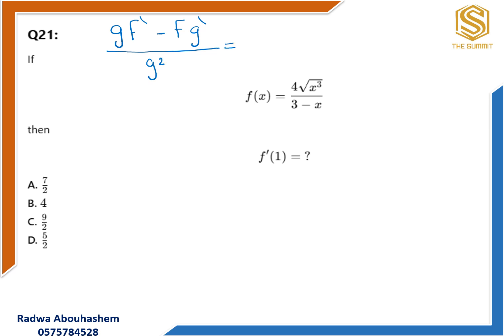So let's apply it. Three minus x all to power 2. The first step. Then g is 3 minus x multiplied by what? By the derivative of the first function. Let me take the derivative of this alone here. So 4 square root of x power 3.